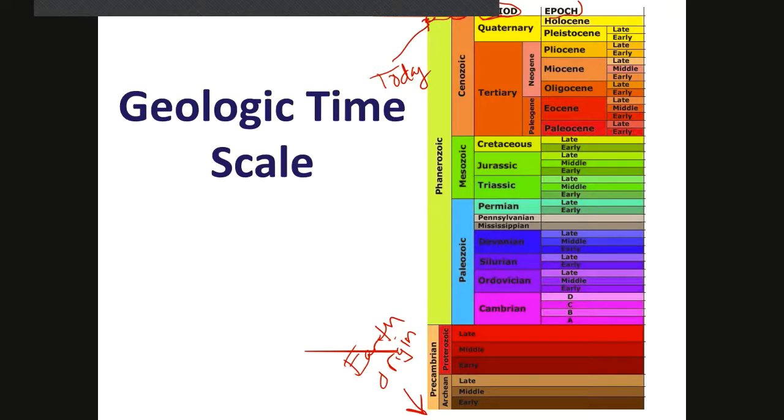It's important to know that the geologic timescale for a long time was a relative timescale, which means that we didn't know the exact moments in time at which one era, for example, ended and the other one began.